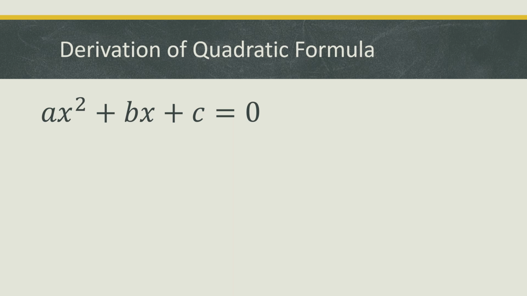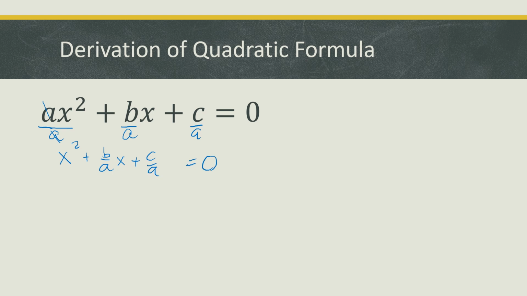Alright, since we have a, b, and c values, the first thing that we need to do is to eliminate the a value by dividing all of the terms by a. So this one will be cancelled out, or it becomes 1. So we now have x squared plus b over a x plus c over a is equal to 0.